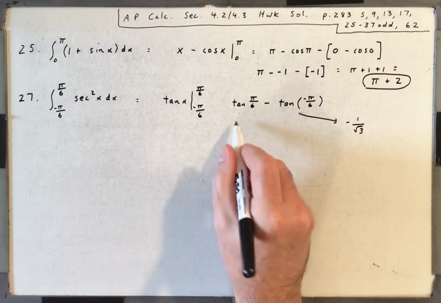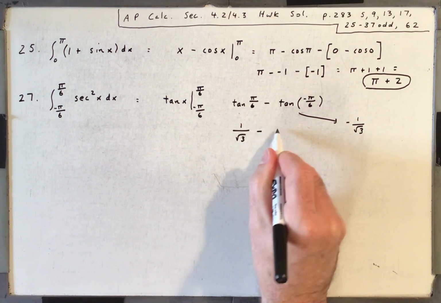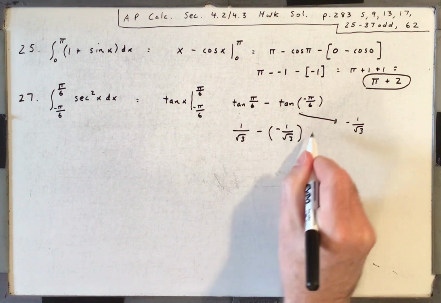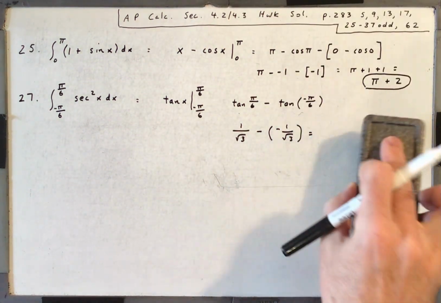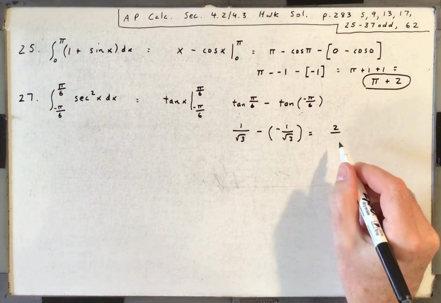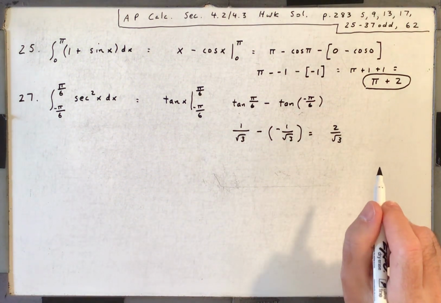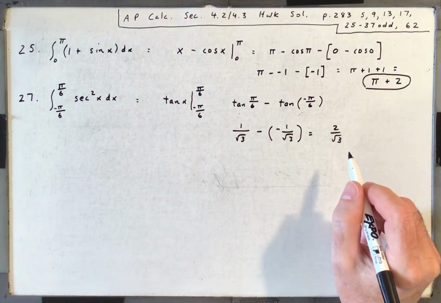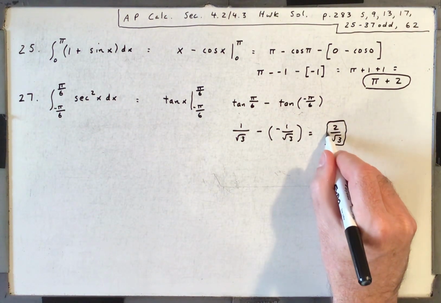And you would have 1 over root 3 minus -1 over root 3, which is going to be 2 over root 3. The back of the book may have rationalized that, multiplied by root 3 over root 3, and that would be 2 root 3 over 3, but I don't care if you do that. That is fine.